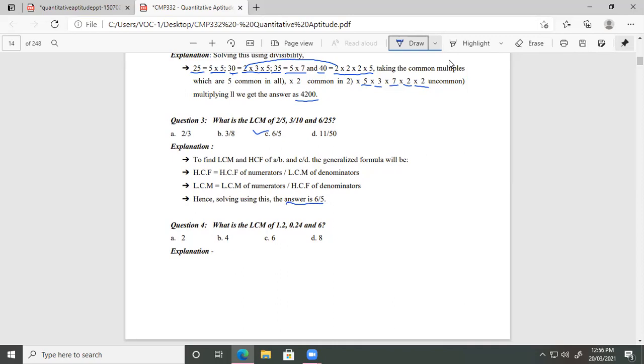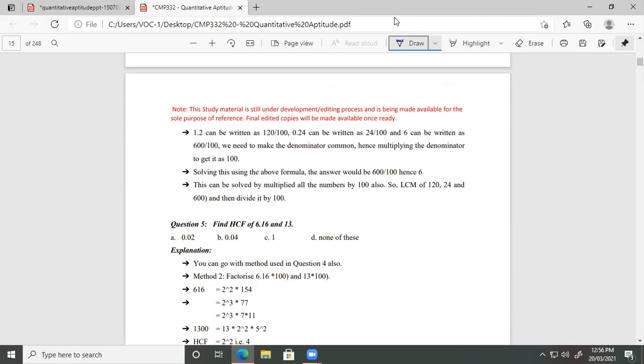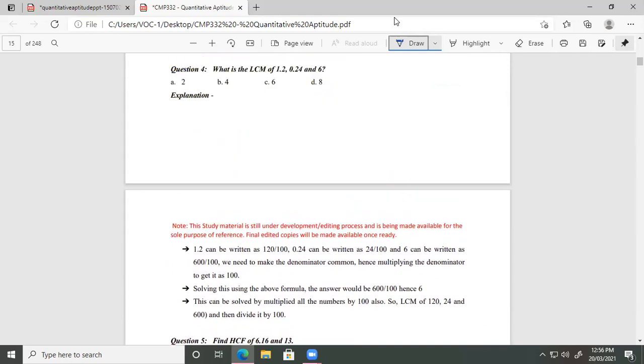Okay. Next question is, what is the LCM of 1.2, 0.24 and 6? So 1.2 can be written as 120 by 100, 0.24 can be written as 24 by 100, and 6 can be written as 600 by 100. We need to make the denominator common, hence multiplying to get the denominator as 100.